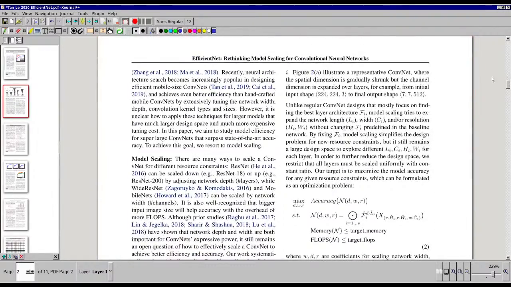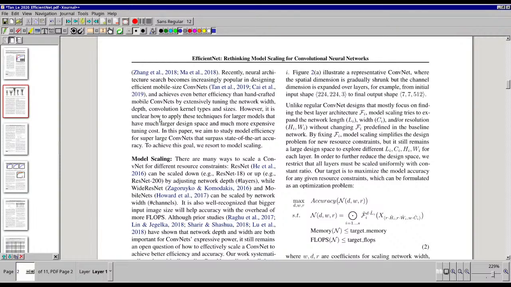Recently, neural architecture search has become increasingly popular in designing efficient ConvNets and achieves better efficiency than handcrafted models by extensively tuning the network with convolution kernel types and sizes.